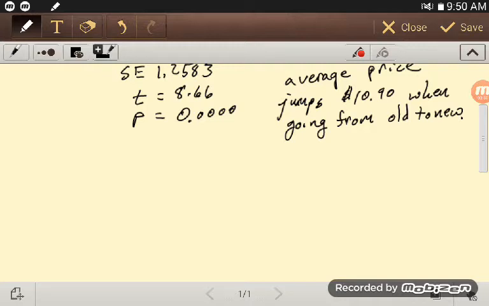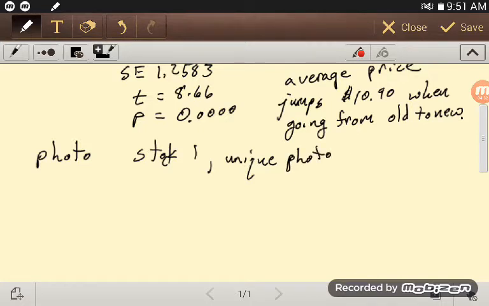Okay, but there may be some confounding variables, right? Some other possibilities could be the photo, whether it was a stock photo, and they say that was a 1, and if it was a unique photo, that was a 0.